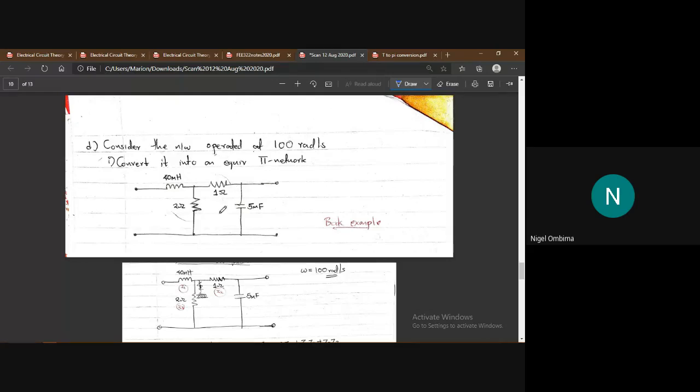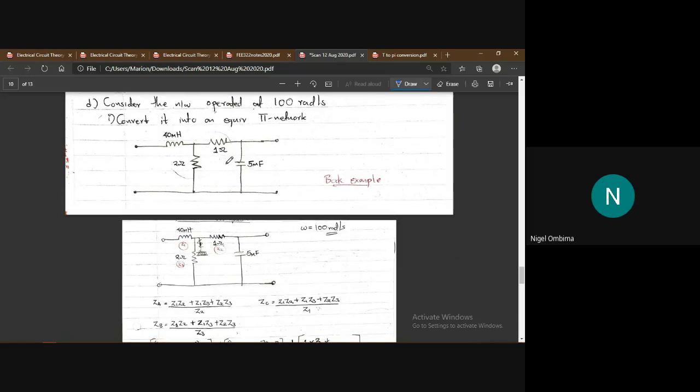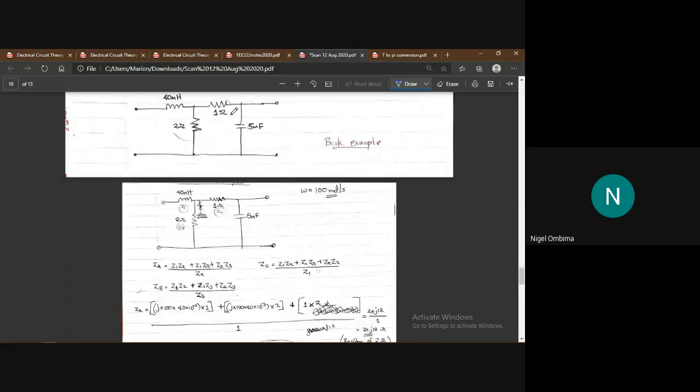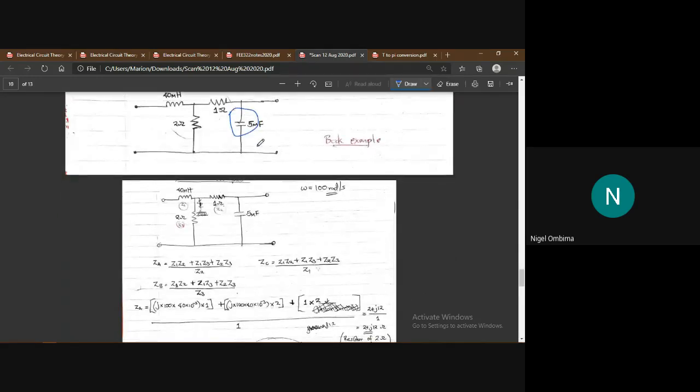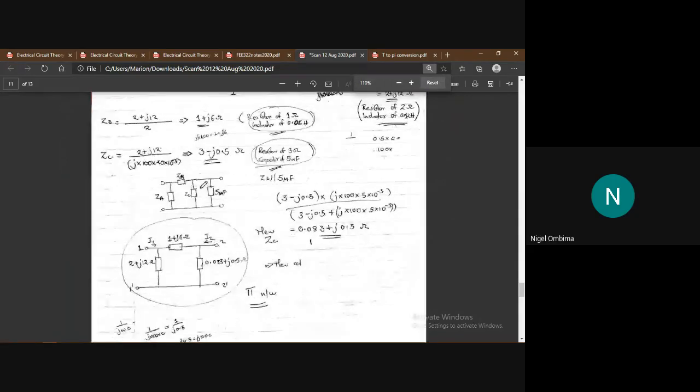So this is the overall network. This is a T network. I converted it into a pi network. After converting it into a pi network, you notice there's a 5 millifarad that remains here at the bottom.